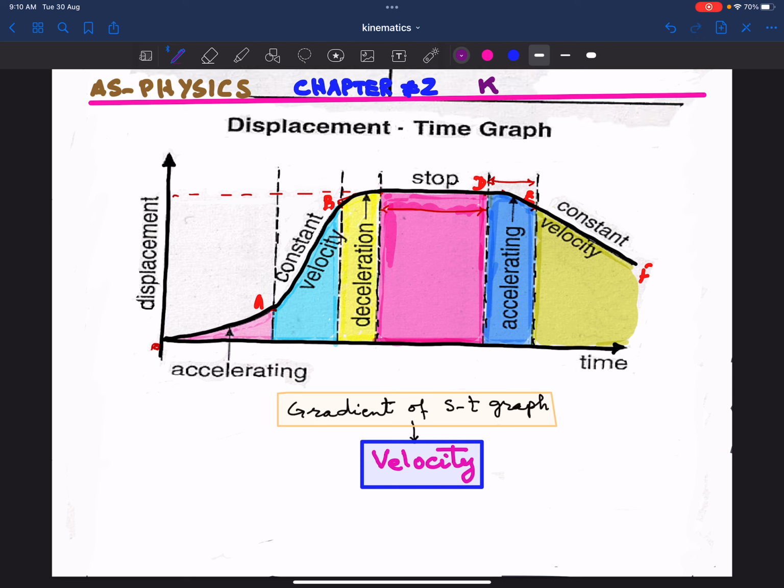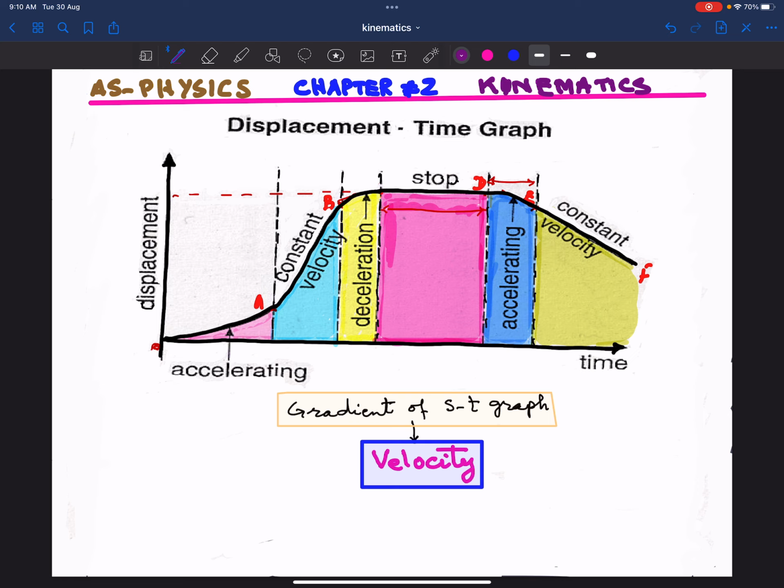Here we have already mentioned that this chapter is kinematics, and we have previously had 2 lectures of this chapter. If you want to go through those 2 lectures, I think it will be a better understanding for you.